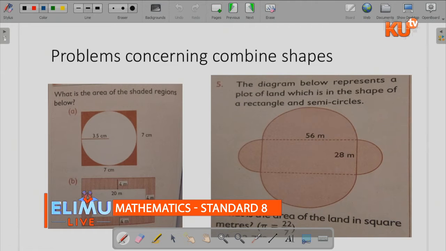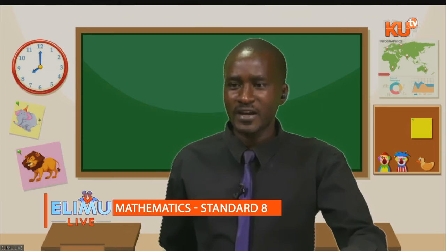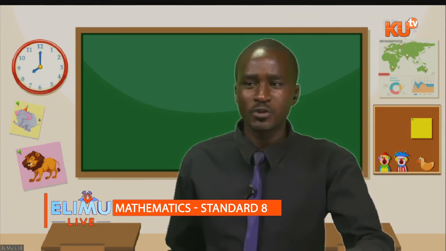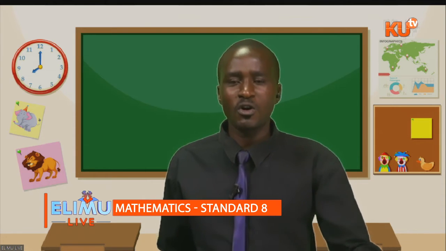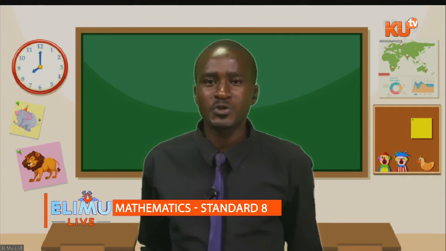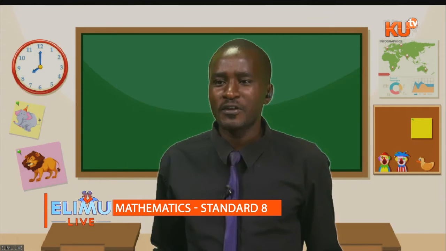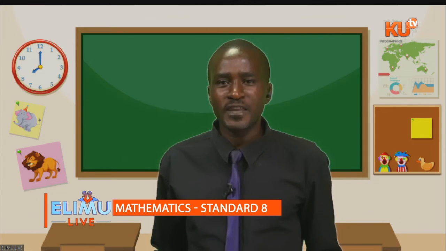Then you have to find the area of the semicircle on the right side, and the semicircle on the right side is the same as the semicircle on the left side. So by finding the area of the semicircle on the left side, you will multiply that answer by 2 because they are the same. Then you check the semicircle on the upper side. It is also similar to the semicircle on the lower side, and I want you to try that one.